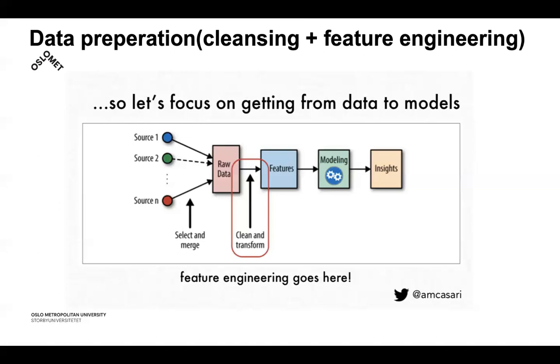Then you apply the model on it. And once the model is done, you can either use it to create insights or you put it into production. This is a very common high-level diagram of how a machine learning model is made. This is how you will also make it.